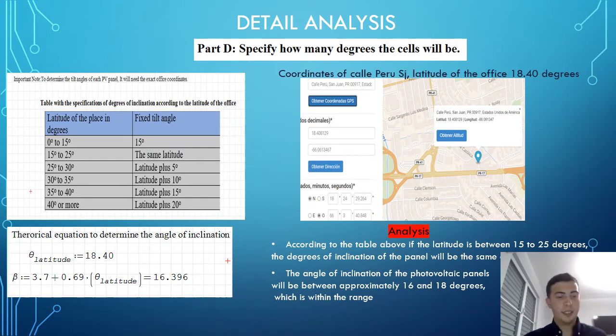In this table, we see the tilt angle, where we can see that our latitude is 18 degrees. It will remain at that angle, and in this part we're using the theoretical equation.